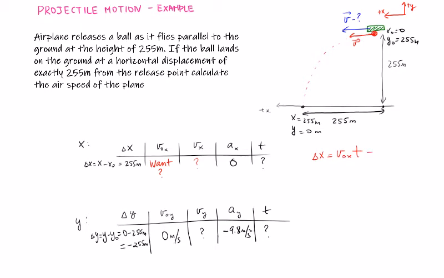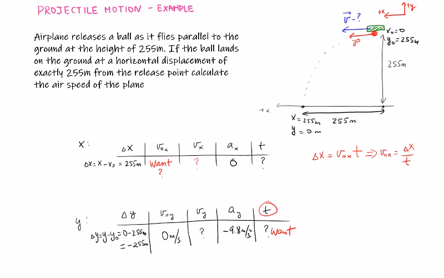From here, I can find v naught x equals delta x over t. Therefore, I need to find the time from the y component to plug into the expression that I have. So when I find the time, I can plug it in here.